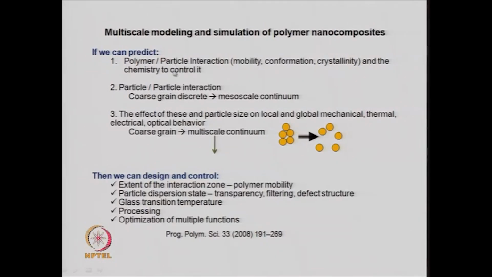Apart from polymer particle interaction, particle particle interaction has to be understood. So, there what people do is what is called a coarse grain theory, where you go from the mesoscale to the continuum, and then the effect of these interactions and particle size on the local and global properties, such as mechanical properties, thermal, electrical and optical properties, should be predicted.